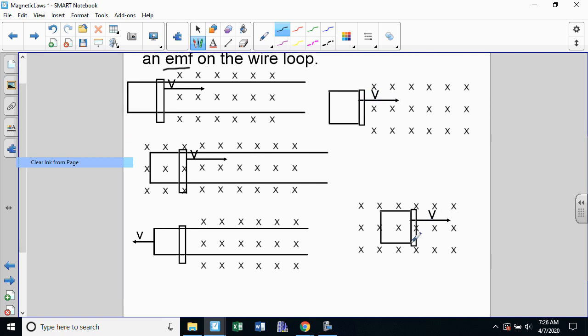And in the last example, I'm starting the experiment completely immersed in a magnetic field. So I'm not entering a magnetic field, I'm already in it, and we'll see if that gives us a different outcome. So what I would like you to do right now is pause the video and try these for yourself before viewing the solution in a minute.